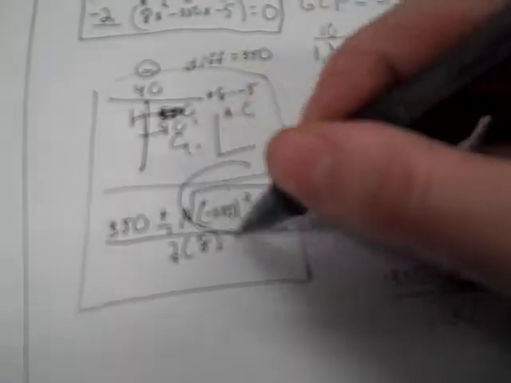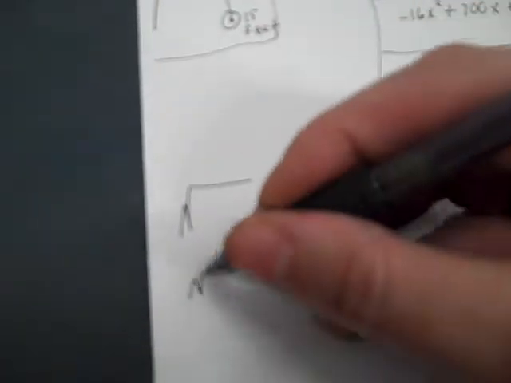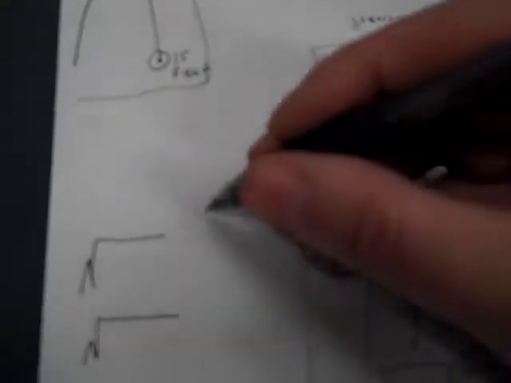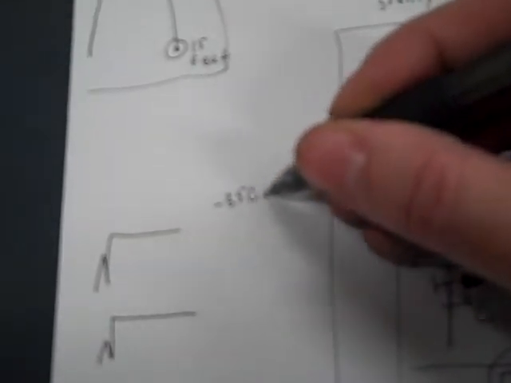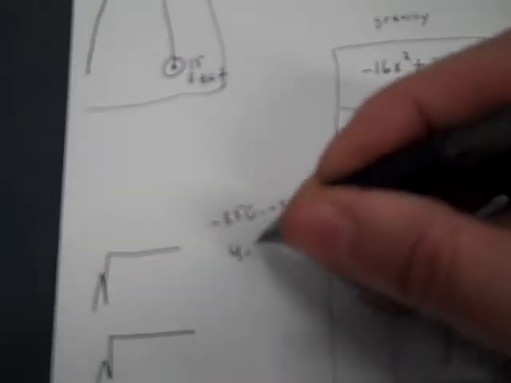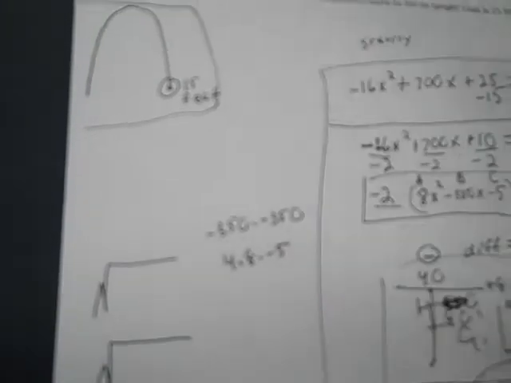Now we're going to figure out what this square root is. The way to do that is to make 2 parts. First I take negative 350 times negative 350. I got 122,500.